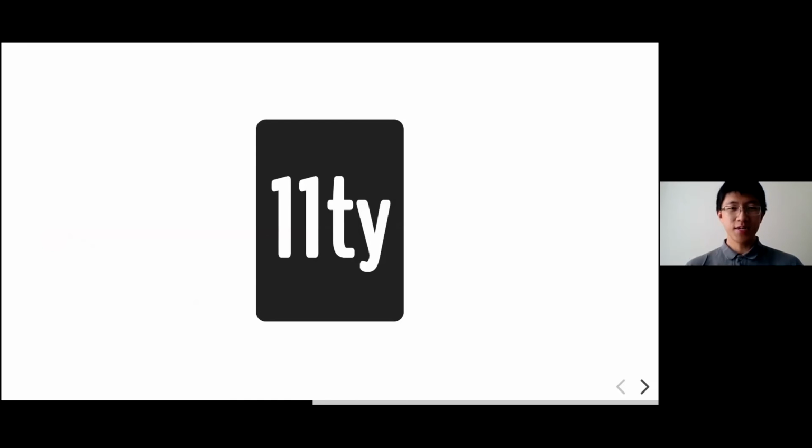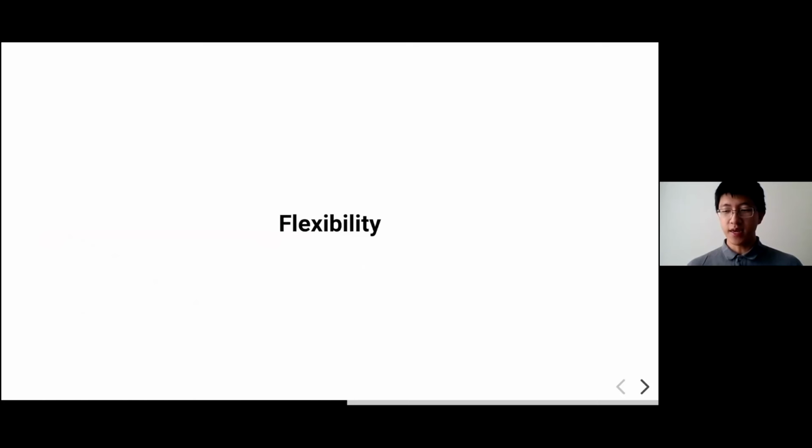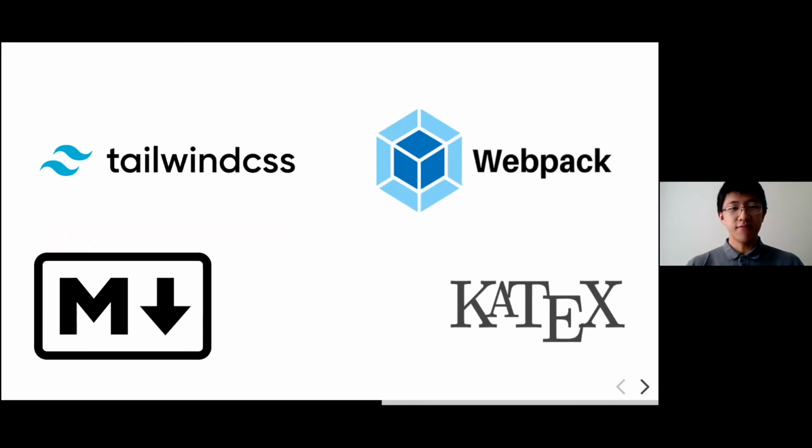Now, the reason I chose Eleventy for this project is for its flexibility. And in particular, I found Eleventy flexible in two ways. The first way is that with Eleventy, I can pretty easily include all of my existing tools. For instance, I like to use Tailwind for styling, Webpack for JavaScript.